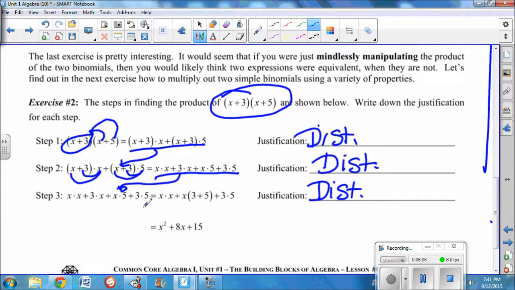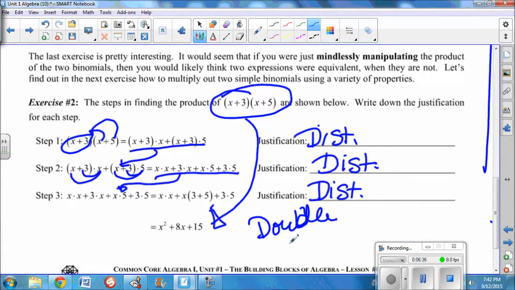We end up with our final answer, which is equivalent to the two binomials: that nice trinomial x squared plus 8x plus 15. I like to call that double distributing.